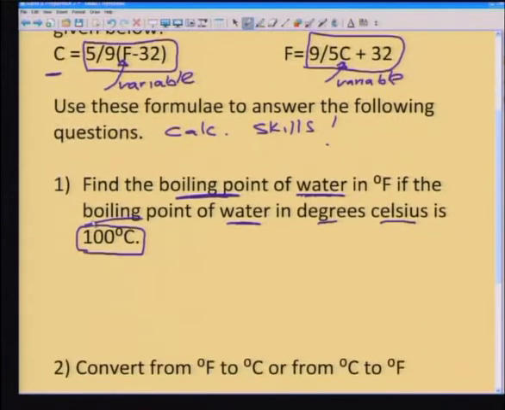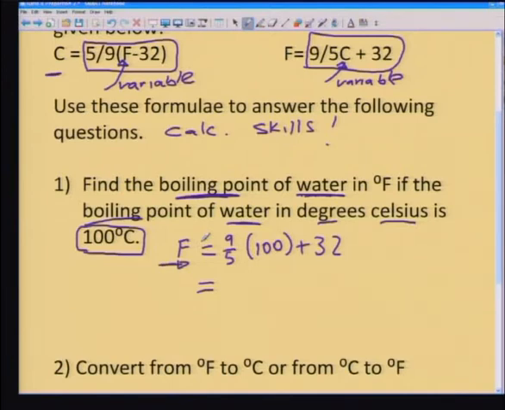All right, so you will get a mark for substitution. So you would need to show your substitution. So we've got degrees Fahrenheit is equal to 9/5 times our temperature in degrees Celsius, which is 100 in this case, plus 32. So all I want to do really is substitute the degrees Celsius in, and this is going to give me my answer for degrees Fahrenheit using the formula that they gave you.